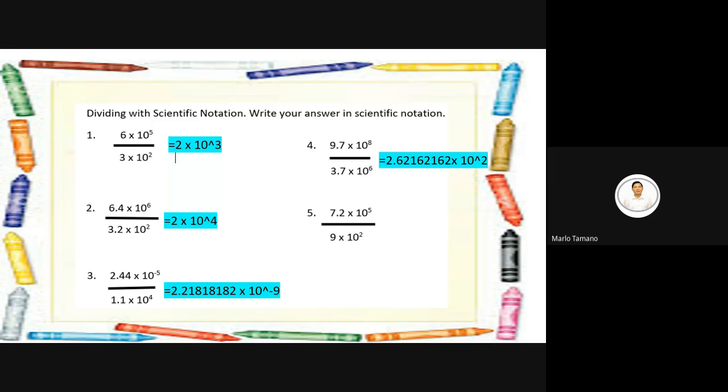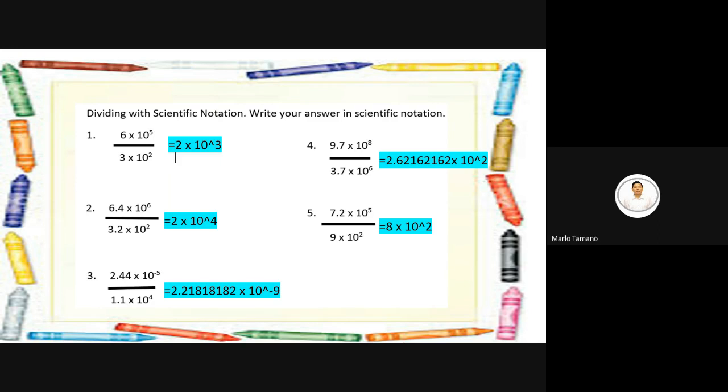So 3 minus 1 is 2. So ang sagot niyo 8. Anong final answer? 8 times 10 to the second power. Okay po?